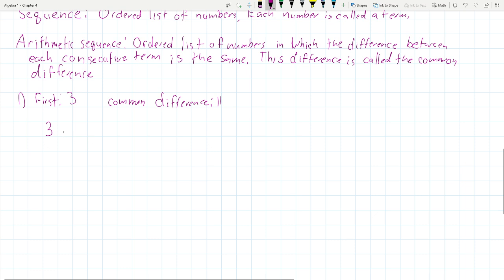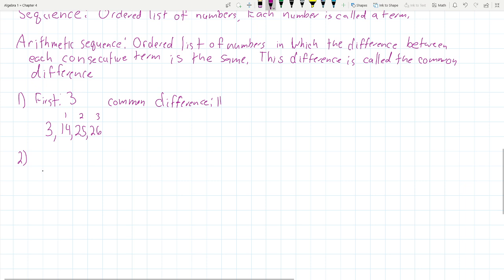So what's 3 plus 11? And I know that's kind of a weird term right here, difference, because you think, oh, that means subtraction. But it just means the change from one to the other. So we go 3, and then we add 11, so that makes 14. I add an 11, and remember, we want 1, 2, 3 new terms. So we go 14, then we do the next 11, so that gives us 25. Then we do the next 11, and that gives us 36.